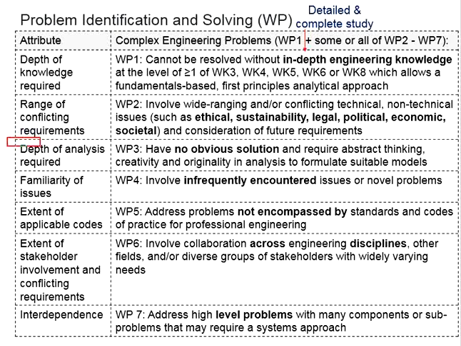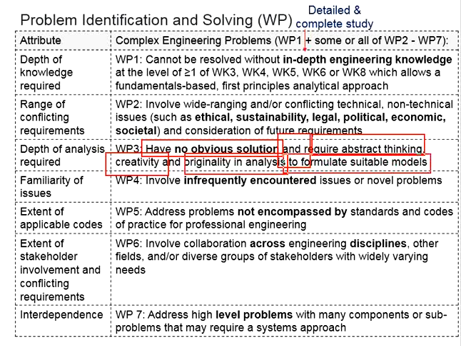It is about the depth of analysis required. Have no obvious solutions and require abstract thinking, creativity, and originality in analysis to formulate suitable models. Now you have to look at the structure here.